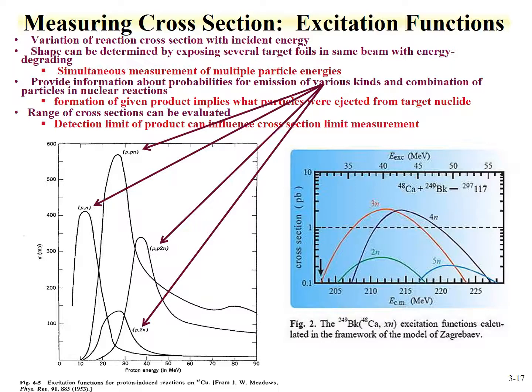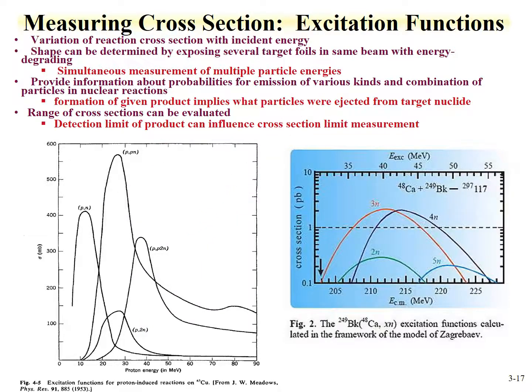Now, if I were to go to the chart of the nuclides and look at what would happen if I added a proton to copper-63 and emitted a neutron, or proton and neutron, or proton and 2 neutrons, or 2 neutrons, I would see that I would have a range of different products. We can evaluate these products through their radioactive decay, measure their rates of formation, and if we measure their rates of formation or the total amount that was formed, we can get the cross sections.